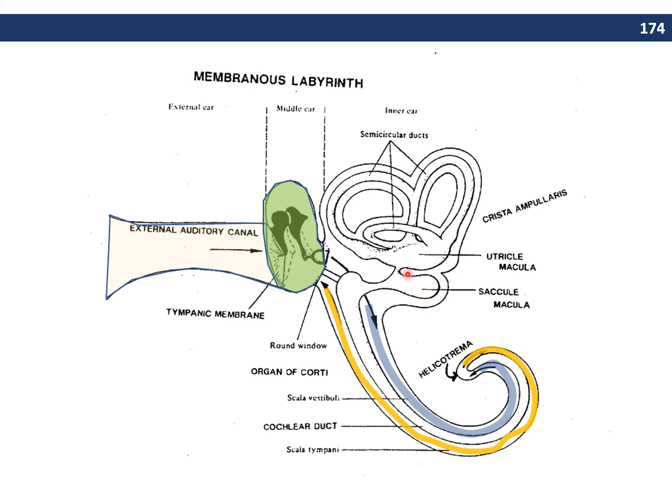Utricle and saccule are part of the vestibular apparatus. So in addition to the semicircular canals, it allows us to understand our body's positioning, or detect positioning in space. In the case of the utricle and saccule, that is the sensation of vertical or horizontal movement.